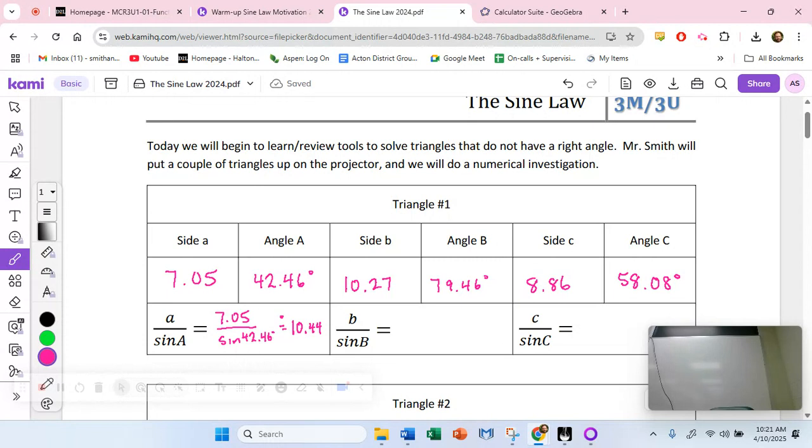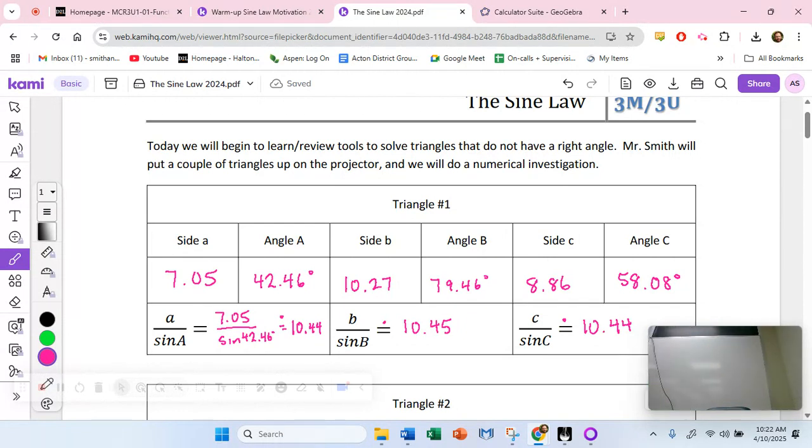About 10.45 if I round correctly. Interesting. How about the third pair? If you round to the nearest hundredth, about 10.44. Did you guys get that as well?